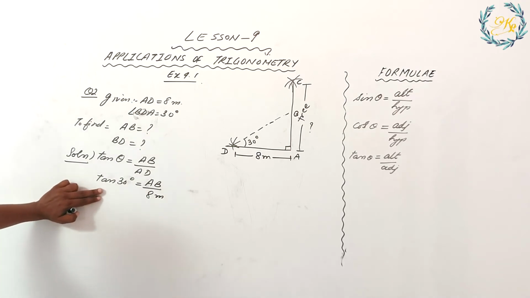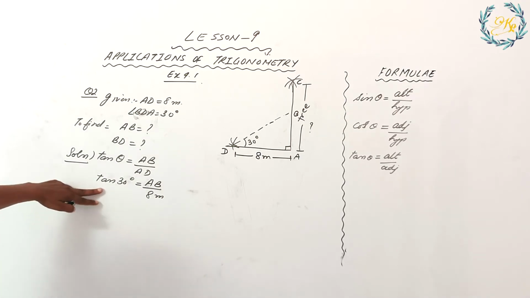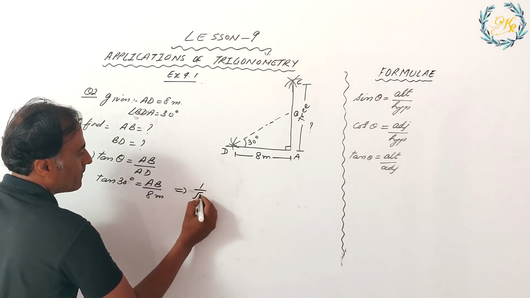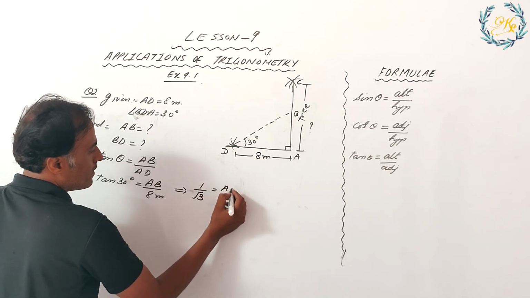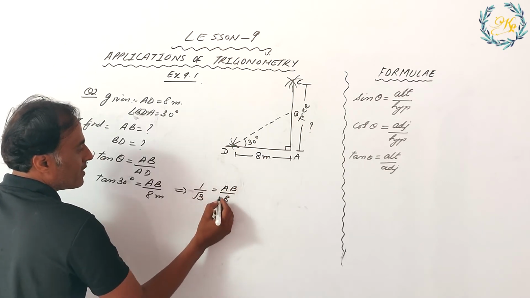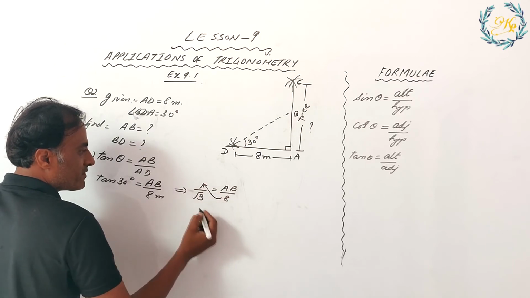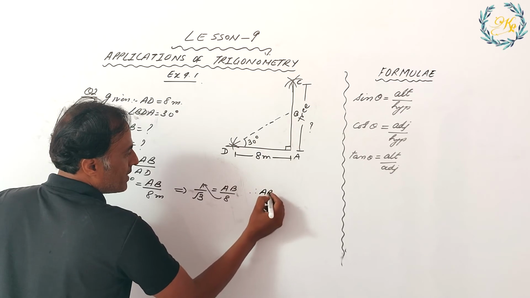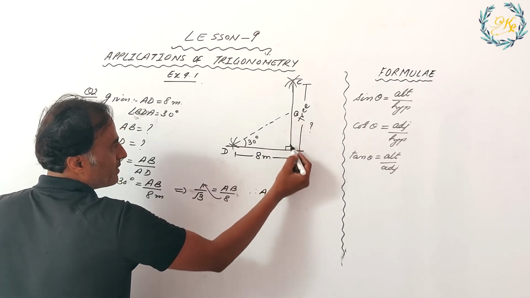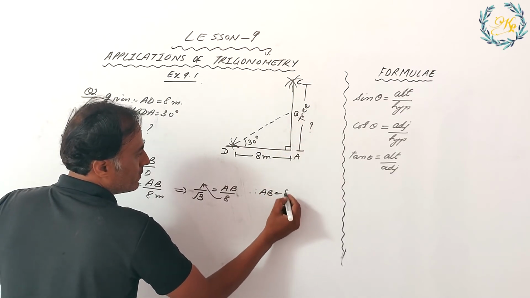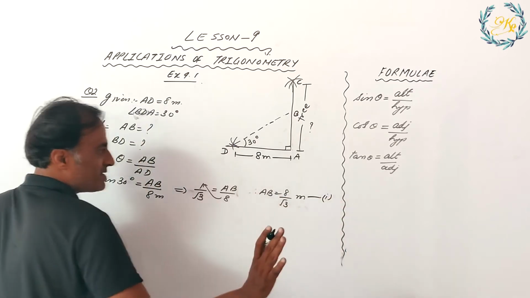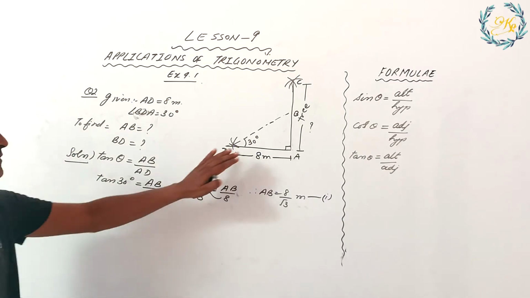Now, according to the trigonometric table, if you have memorized properly, the value of tan 30 is equivalent to 1 by root 3, which is equal to AB by 8. So changing the place of this value, you get the measurement of AB, this portion of the tree, equal to 8 upon root 3 meters.